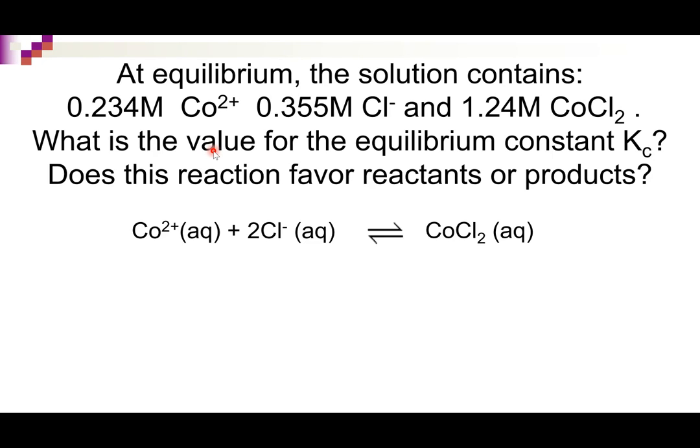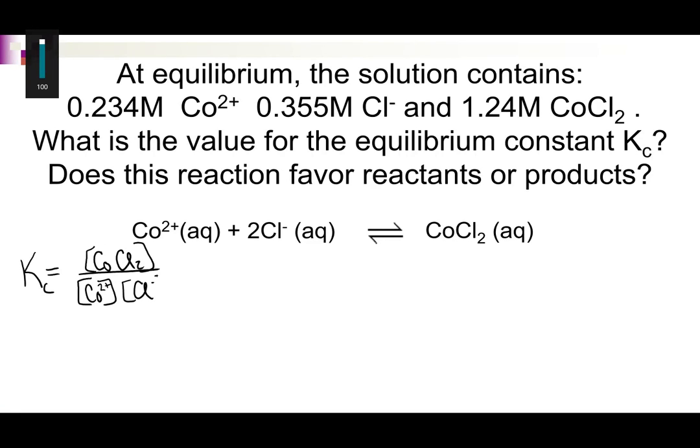All right, step 1 is to get the equation for Kc onto the paper. So Kc is products over reactants. Our product is cobalt chloride, and our reactants are cobalt and chlorine.